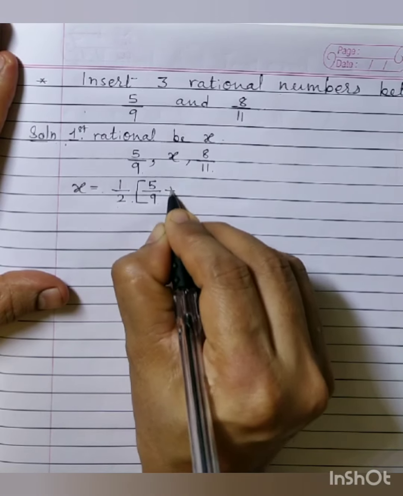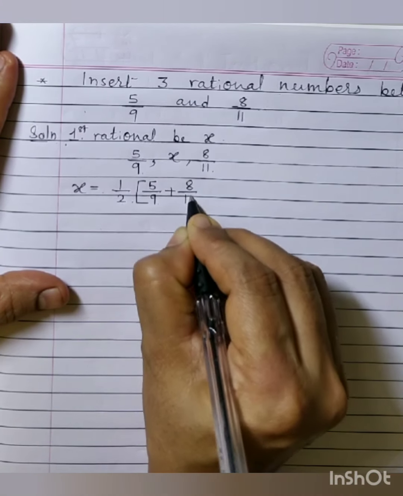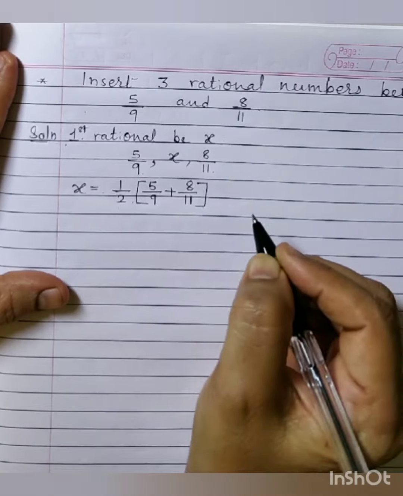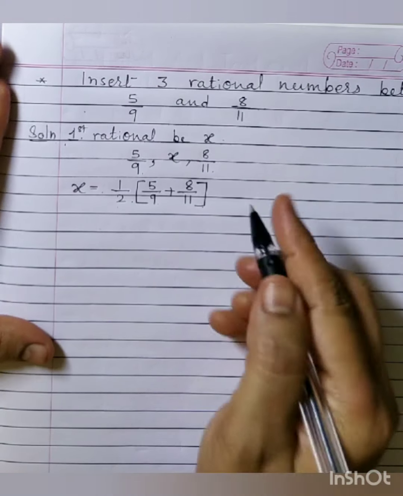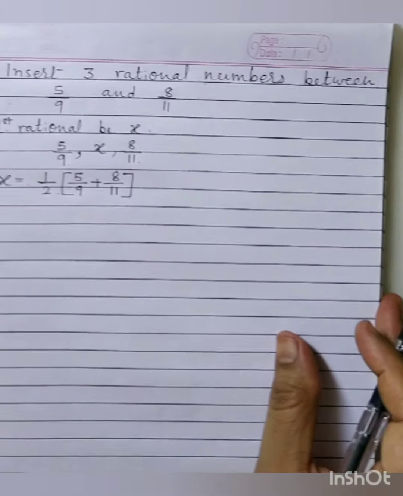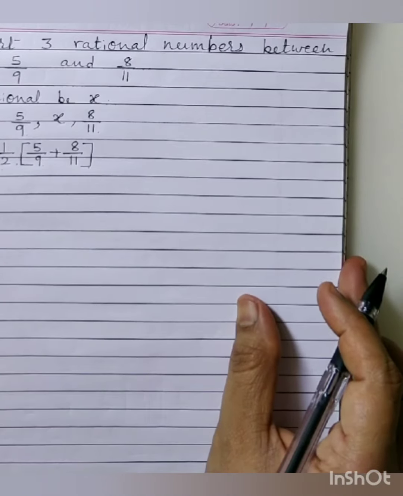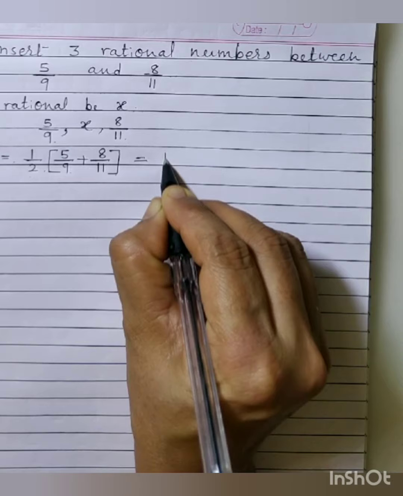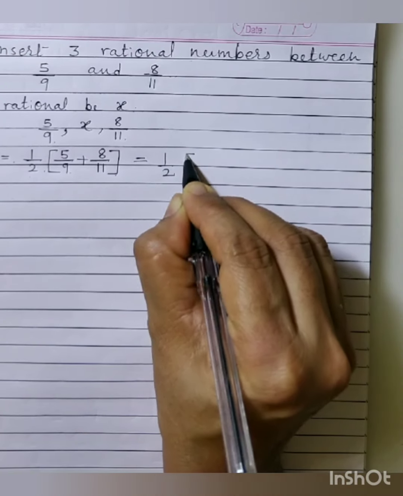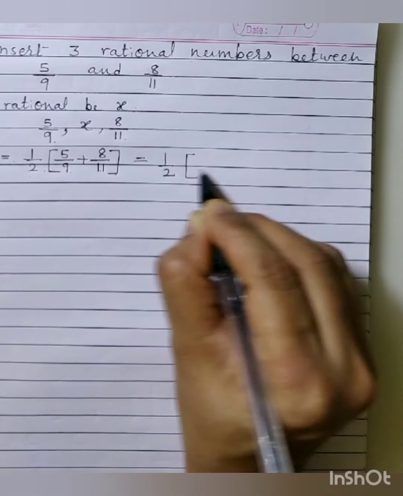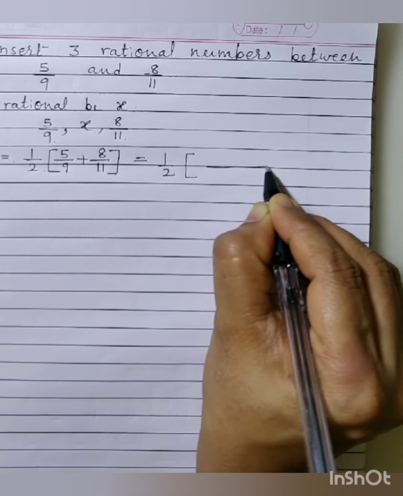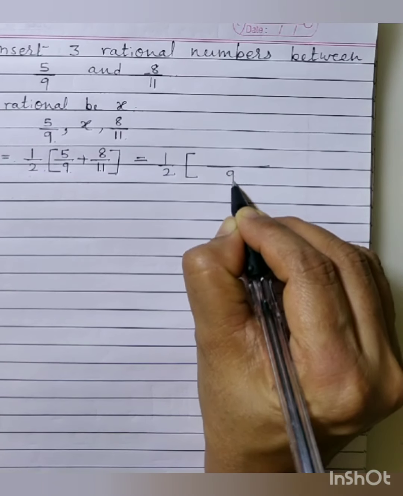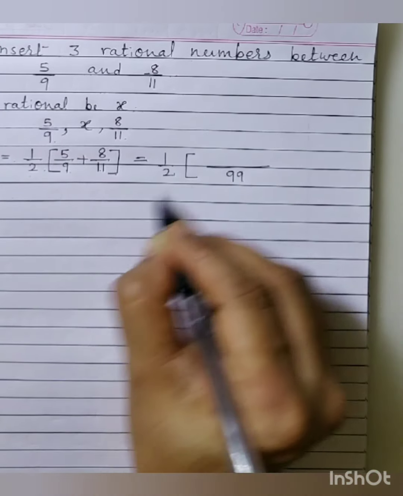5 upon 9 plus 8 upon 11. Okay. How do I solve it? Keeping 1 upon 2 as it is, find the LCM of 9 and 11. Co-prime numbers there, so LCM is 99.